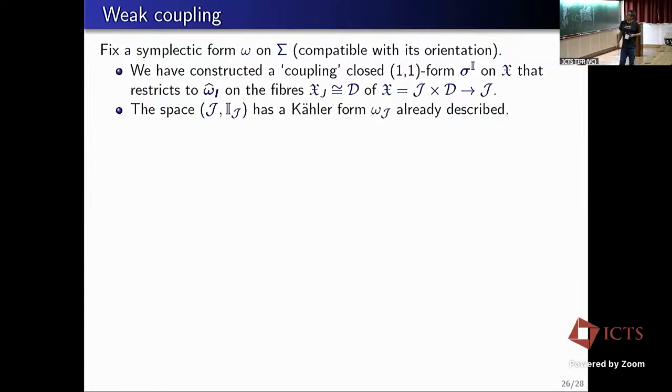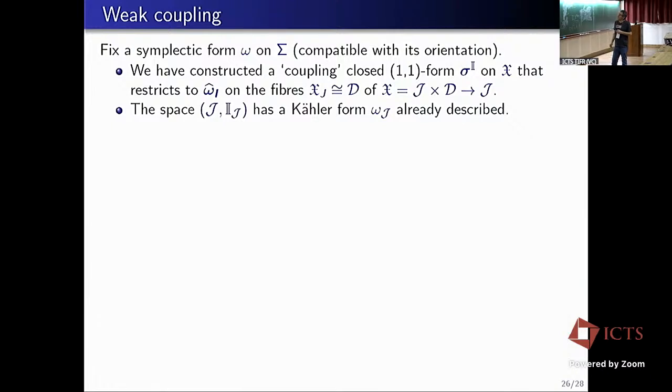So now as before, we can apply these weak coupling methods. Again, we have to fix a symplectic form to define the Kähler structure on the space of complex structures.